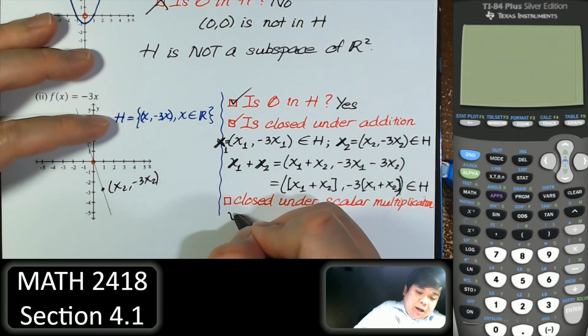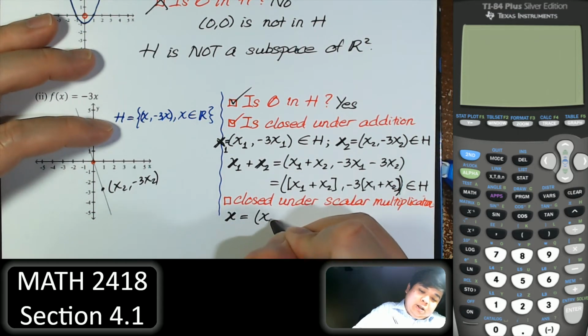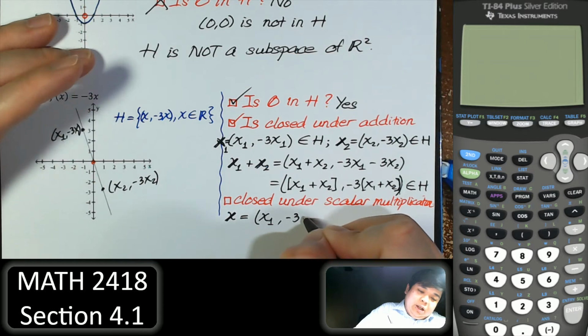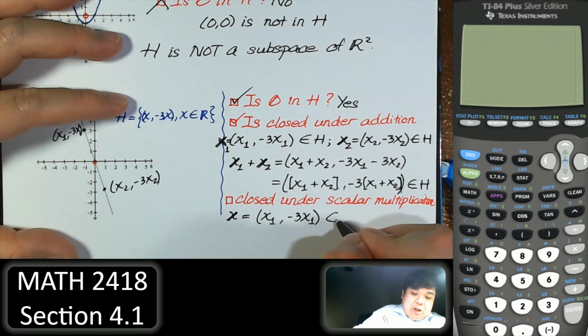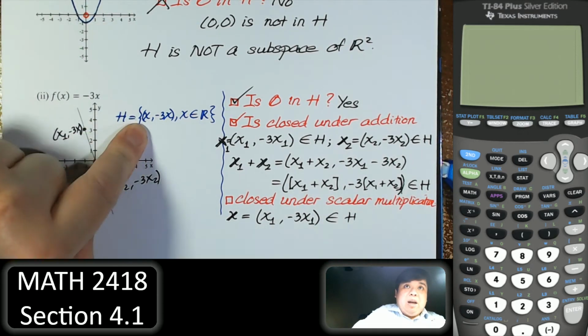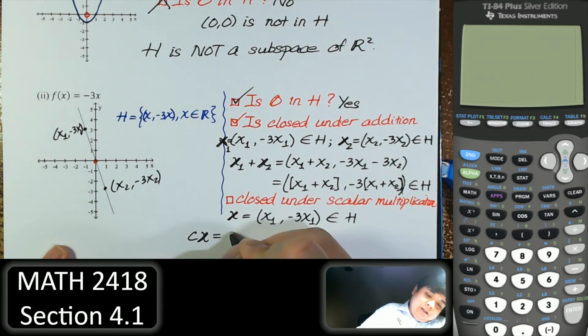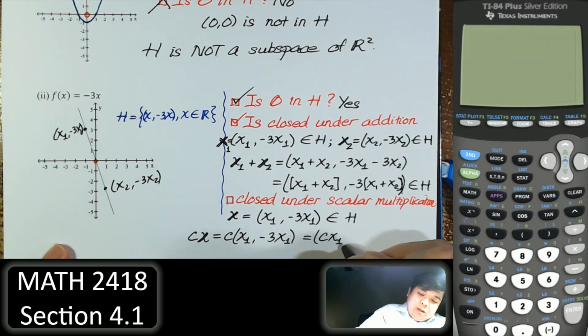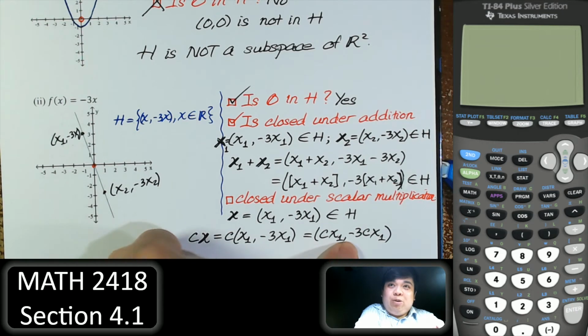So I picked the point x in H, so it has to be of the form first component, negative 3 times first component. This is certainly in H because that has the form of an element in H. Now if I multiply by c, multiplied in, we have cx1 and negative 3cx1. As you see, we have the first component and negative 3 times the first component.